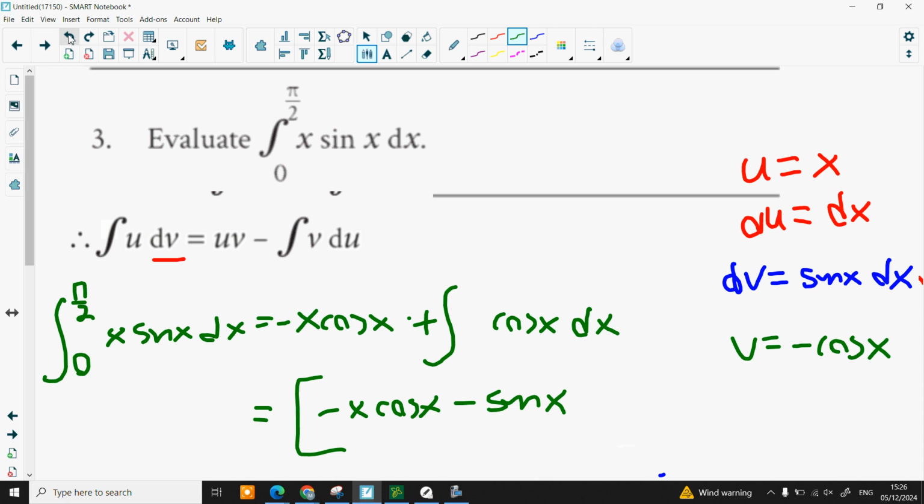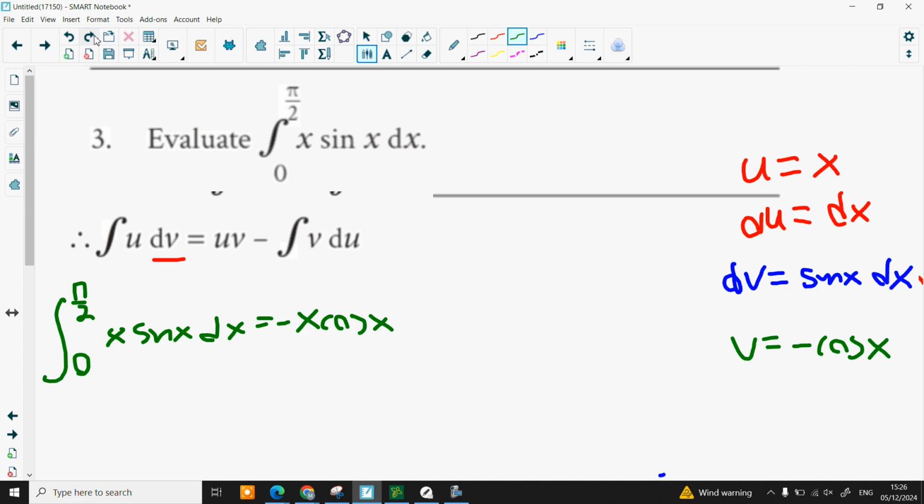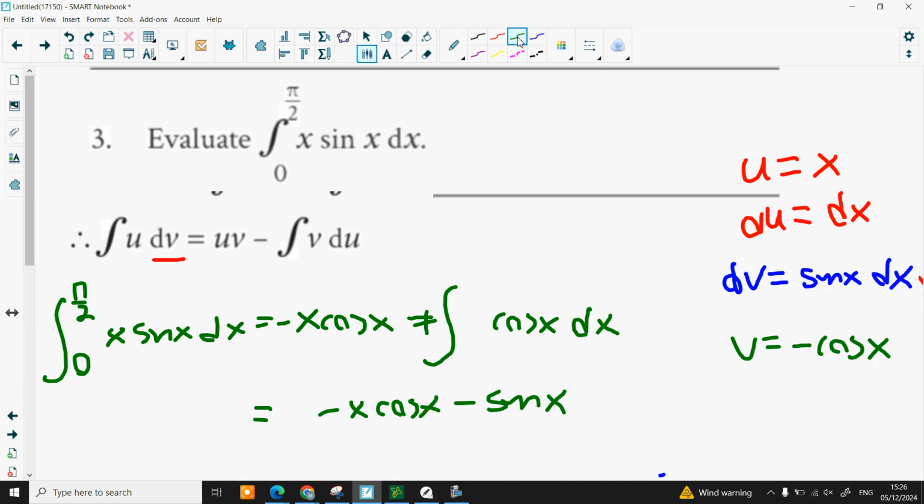If you reverse back a step, I had a minus there, and my minus outside, the two minuses interacted to make a plus. So it was plus cos. You're integrating plus cos x. And when you integrate plus cos x, what do you get? Oh, plus sine x, is it? Yeah. My bad.